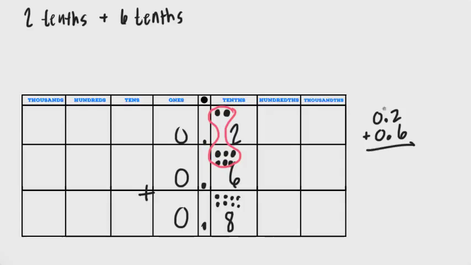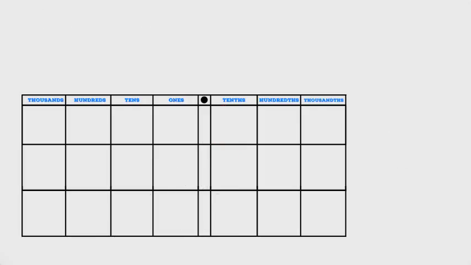And what this is going to show us, and hopefully you recognize this, is that we've lined up the decimals, which is really important when we're adding decimal fractions. That's super important, and it also sets it up and gives us a nice little visual to show us how it works. So let's try another one.